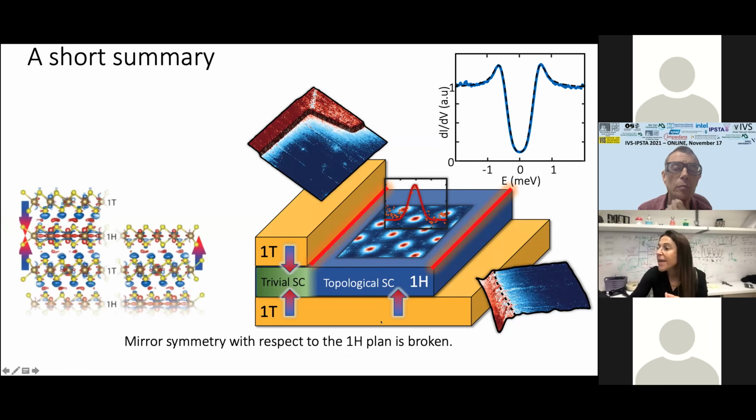However, here there is charge transferring only from below, and this leads to mirror symmetry breaking, and this enables the formation of topological superconductivity. So this channel that we see here is the channel that distinguishes the region of topological superconductivity and the region with trivial superconductivity on these regions that are encapsulated. So we see these two visualizations of the one-dimensional channel.